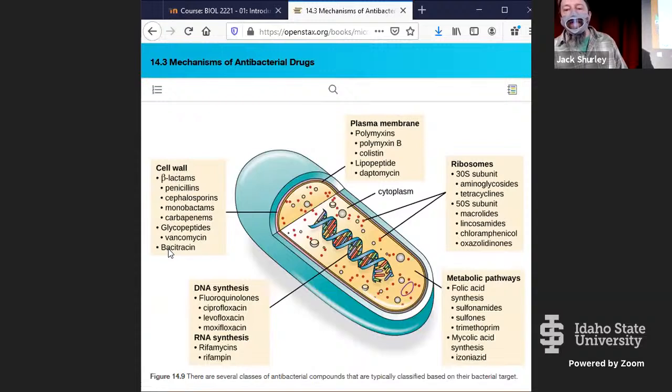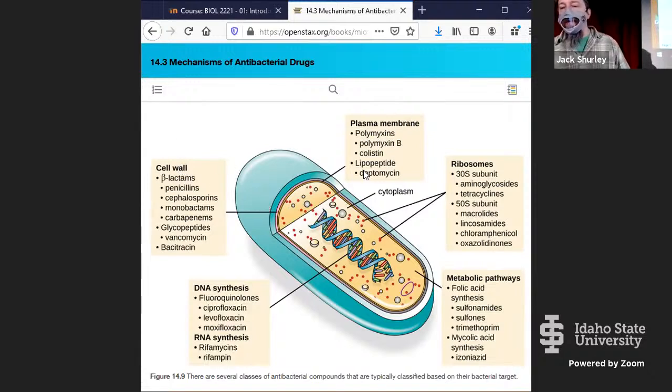You don't need to know the specifics with the drugs, but antibiotics function by interacting with or inhibiting the synthesis of cell wall material, making it so that the peptidoglycan cross linkages don't form properly. That is one example of cell wall inhibition.